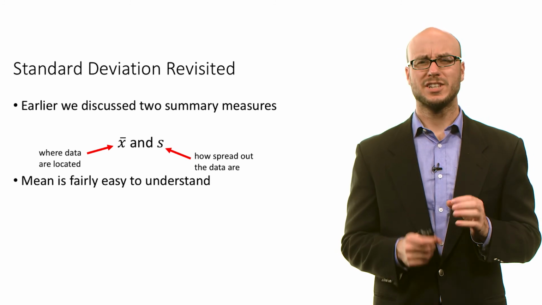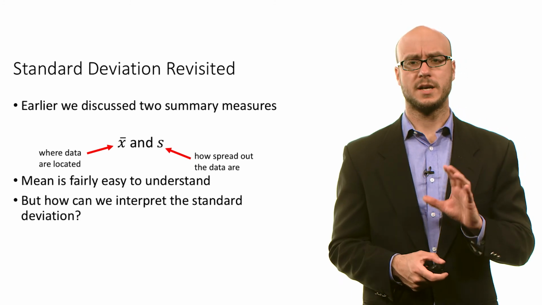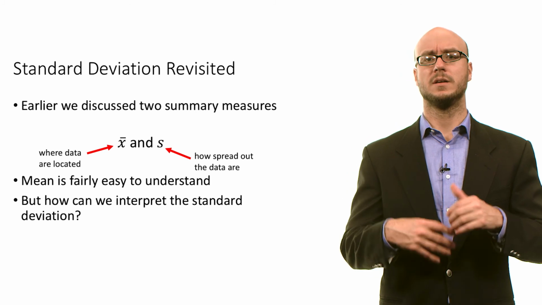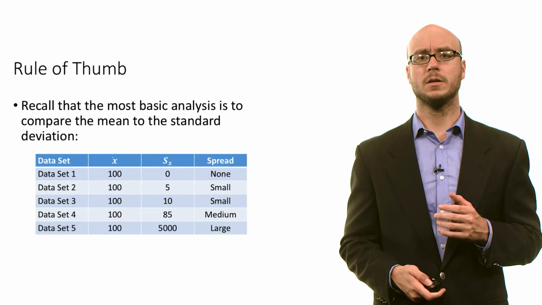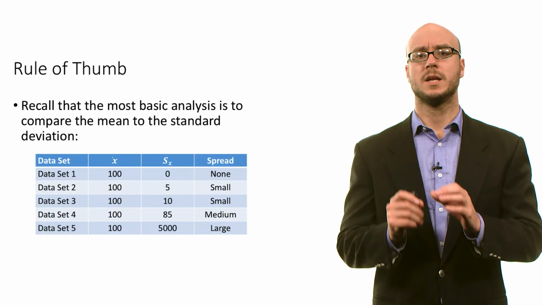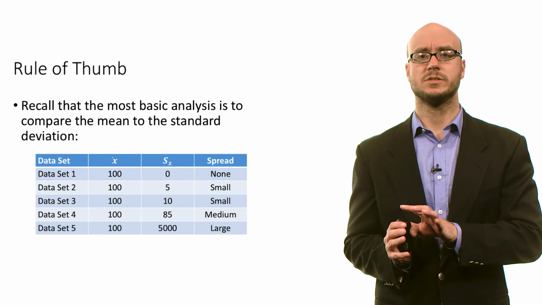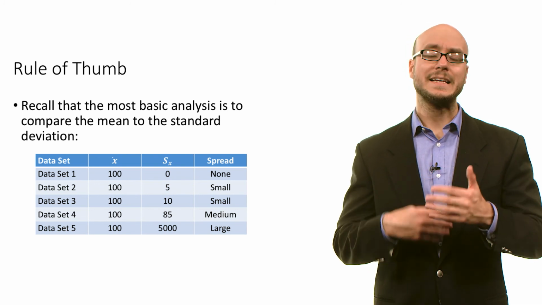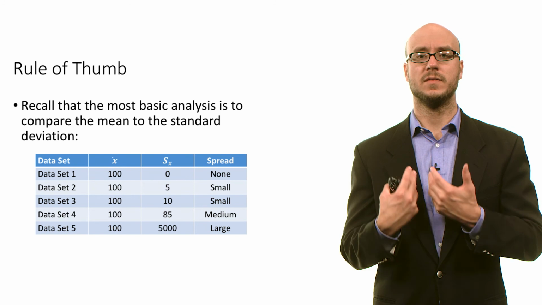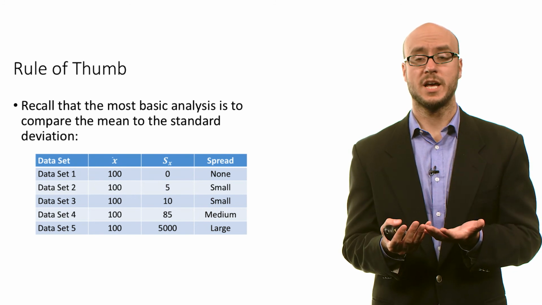The standard deviation is a little bit more difficult for many people to understand, so we talked about a rule of thumb. If you recall, you can compare the standard deviation to the mean to get an intuitive understanding of what the standard deviation is telling us.